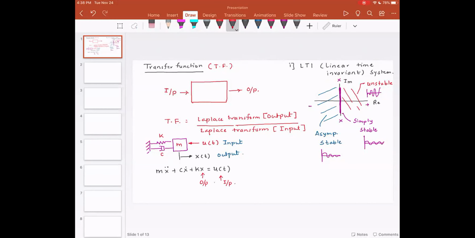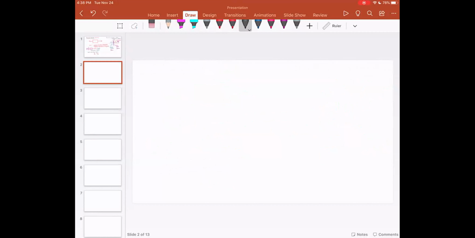Now I'm going to find out the transfer function. By the definition of transfer function, it is the Laplace transform of output divided by input. So I will rewrite the system over here: Mx double dot plus Cx dot plus Kx is equal to U of t.